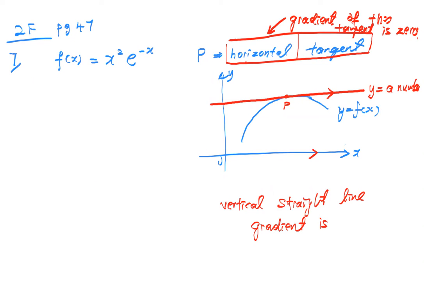Is there a change of x for a vertical straight line? No. So the gradient is undefined.